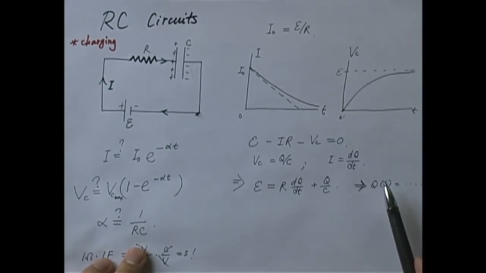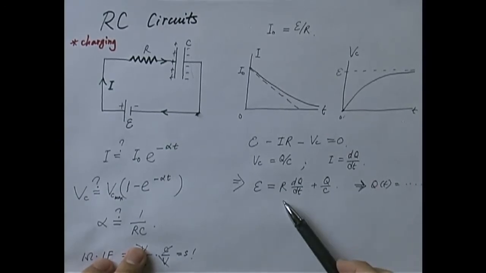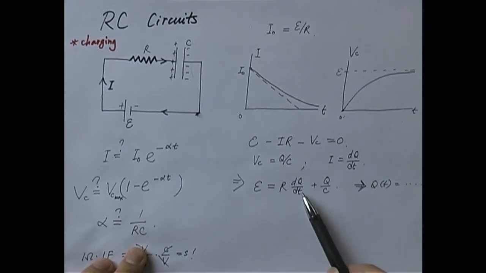Now, there are several ways to attack this differential equation. It's a very simple differential equation, so it's rather simple to do. One of the things you can do is what's called separation of variables. q is a function of t, and t can be totally solved for.